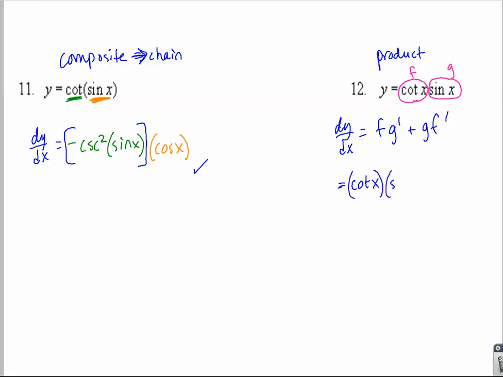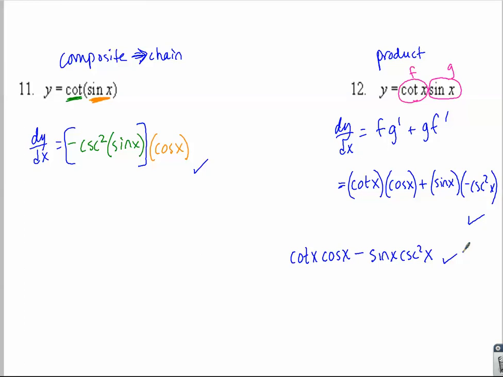Sine of x turns into cosine of x plus sine of x times f prime, the derivative cotangent, negative cosecant squared of x. Leave it like that, or maybe you simplify it a little bit. So we could say cotangent is cosine over sine, but does that really simplify anything here? Not really, so maybe we just write them next to each other. Minus, to get rid of some of the parentheses, sine of x times, well, cosecant squared is 1 over sine squared, so I could write it like that, or just get rid of the parentheses. Lots of versions when it's a trig function.